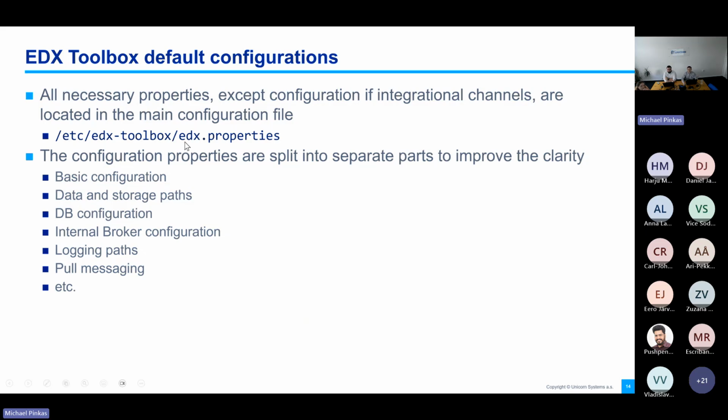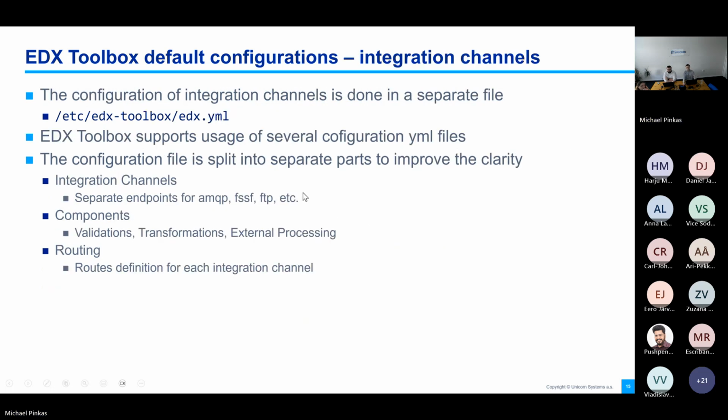We have gone through the EDX properties in a little bit more detail, at least the default properties. Next, we went through also the EDX YAML file, which, to sum it up, is used to configure the integration channels. The configuration is split into three main sections.